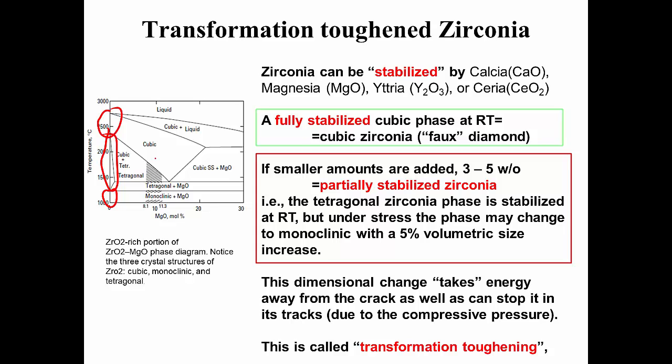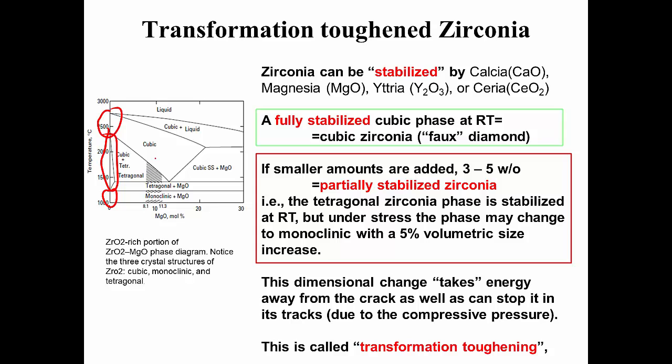Remember that the phase diagram corresponds to equilibrium situations, and between equilibrium and reality there's kinetics, right? So you can process fully stabilized zirconia in such a way that it remains cubic at room temperature, and this is the famous or infamous cubic zirconia, the fake diamonds, if you wish.